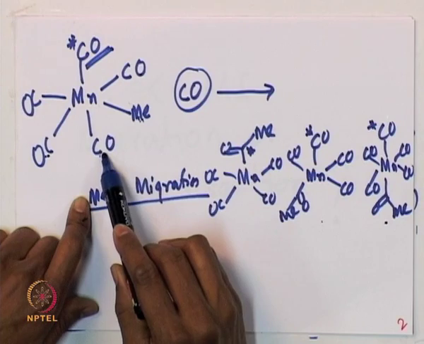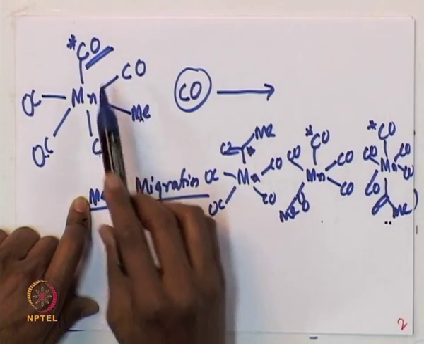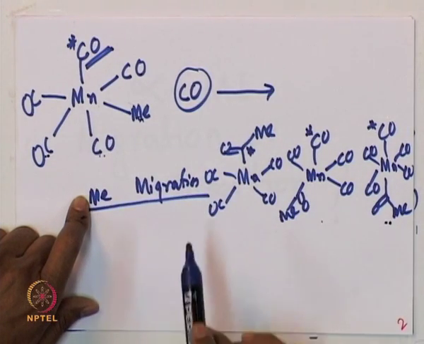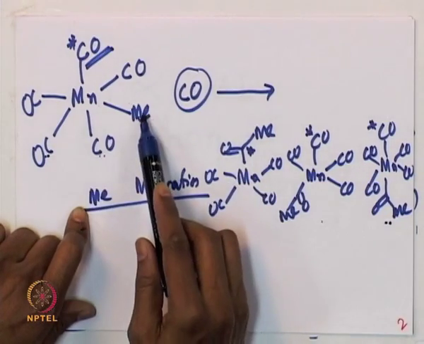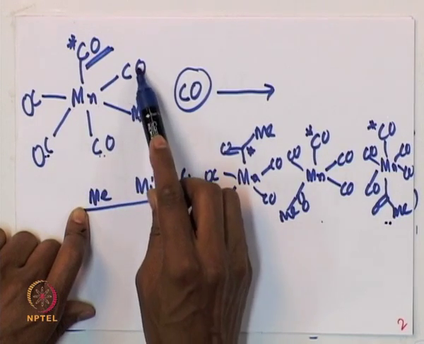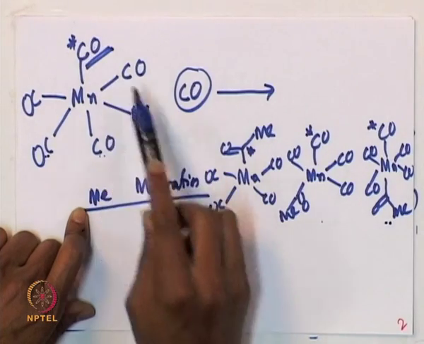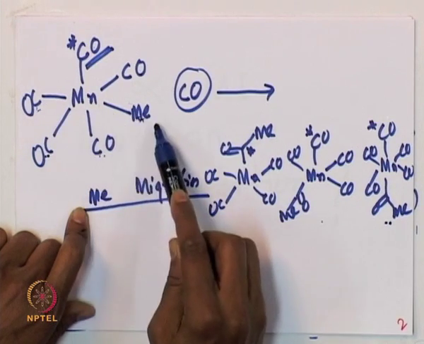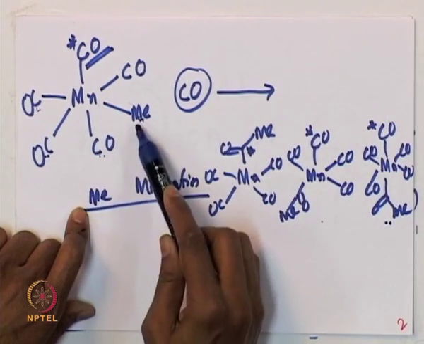If methyl is migrating to this one, that will lead to this product, and if the methyl is migrating to this CO, that will lead to the first product. So, all possible products include methyl migrating here, there, and over there, but methyl should not migrate over here because this CO is trans to methyl and such migration is not allowed, only the cis migration is allowed, right.